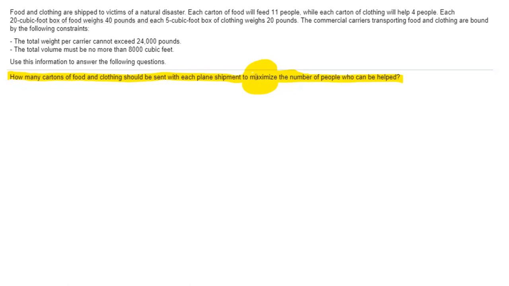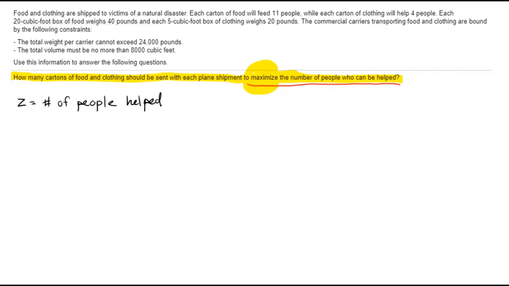And so here our objective is to maximize the number of people helped. And so that means when we set up our objective function, what we're trying to figure out is how many people we are going to help. So we'll set the z of our objective function to be the number of people helped. Now what we're actually looking for is how many cartons of food and clothing.